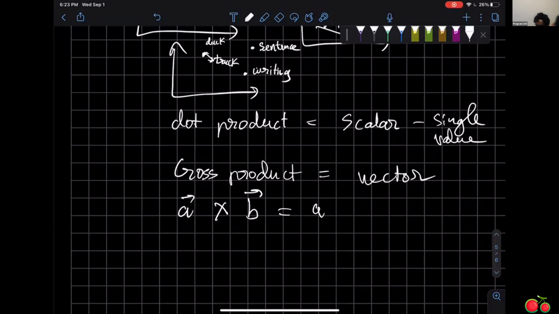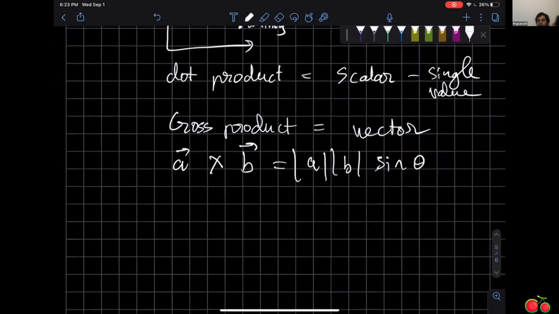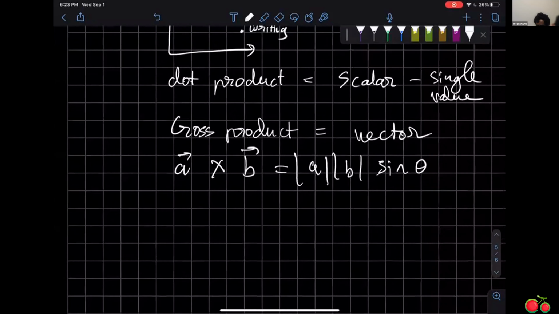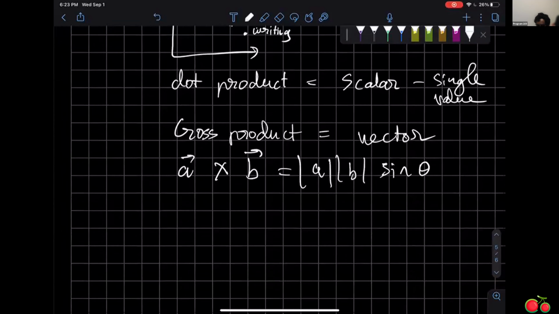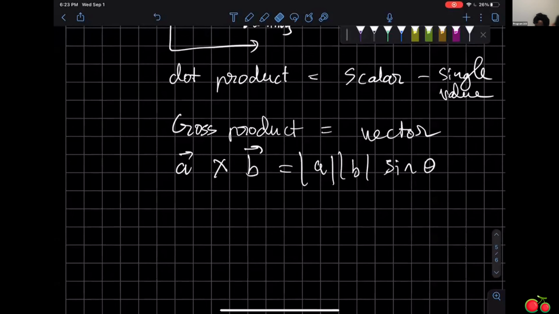The actual calculation of how the cross product is done is really, really long. But the basic idea of the cross product is, suppose I have two vectors, okay? The cross product really only works in 3D.